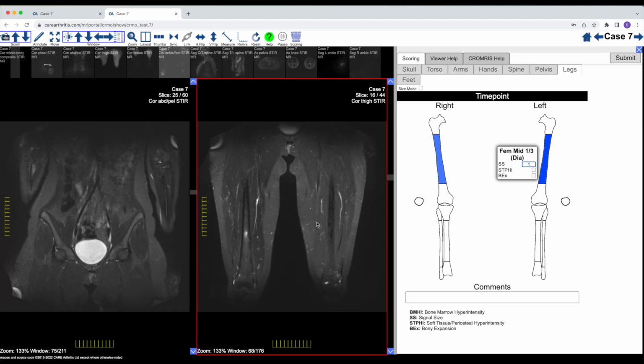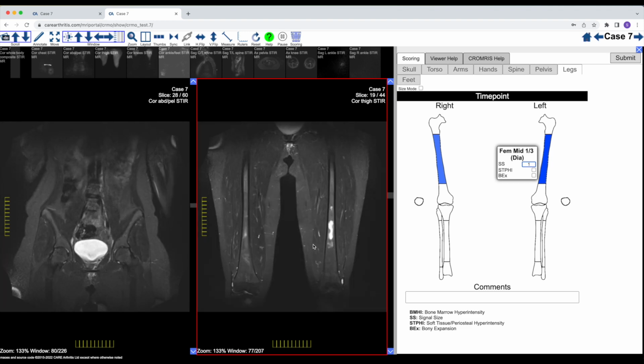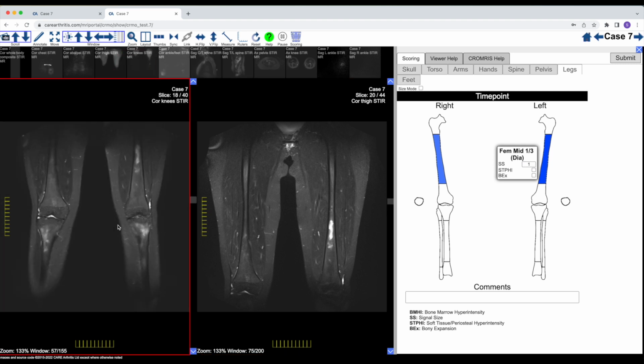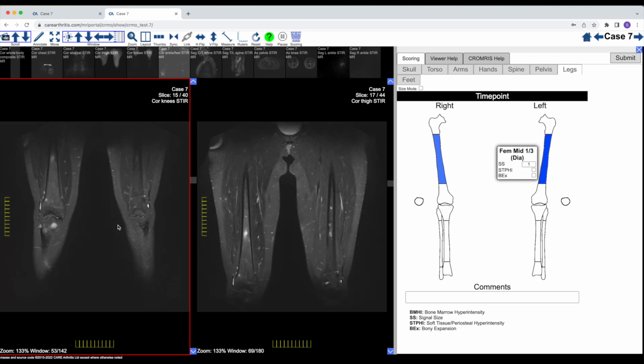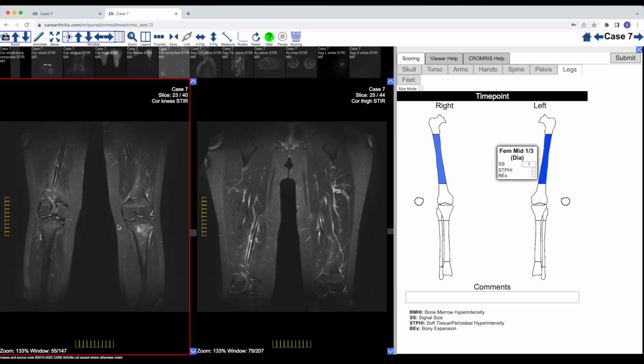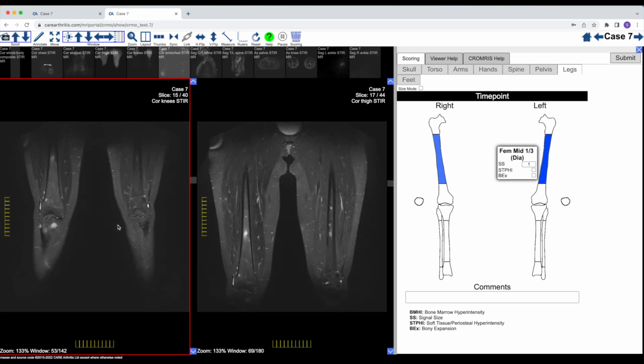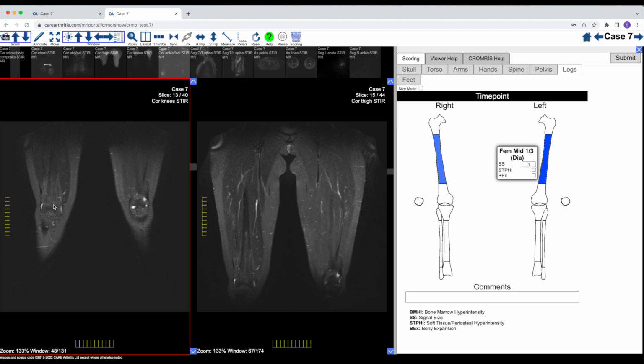And let's take a look at the distal femurs. It's kind of hard to see because it's getting close to the edge of this. So let's take the next view down and see. There's a tiny bit right there.